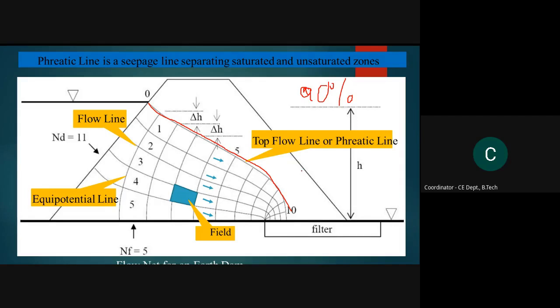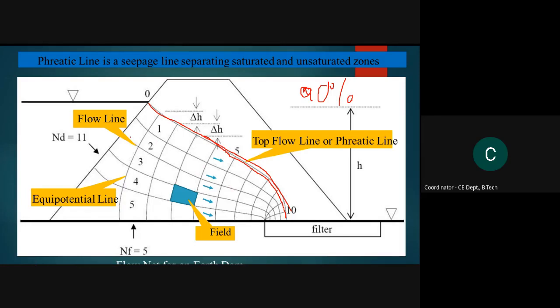This is a diagram where the phreatic line is a seepage line separating the saturated and unsaturated zones. This is the phreatic line. It separates the saturated part and the unsaturated part or zone of this embankment dam.